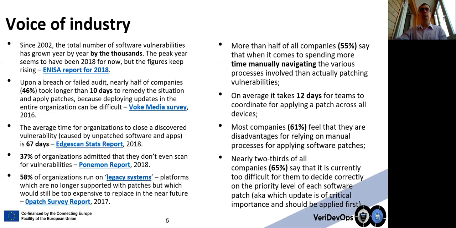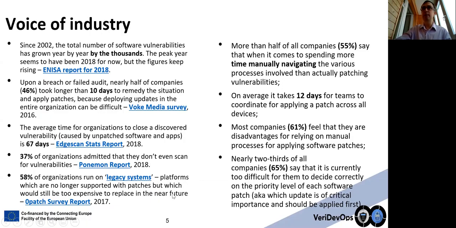Right. To give you a bit more evidence from the industry and various reports, experts say that treating those vulnerabilities and finding a remedy may take a long time, like 10 days, or on average organizations close discovered vulnerabilities in 67 days. Many do not even scan for these vulnerabilities, and around 60% of organizations have legacy systems that they can no longer support and patch.